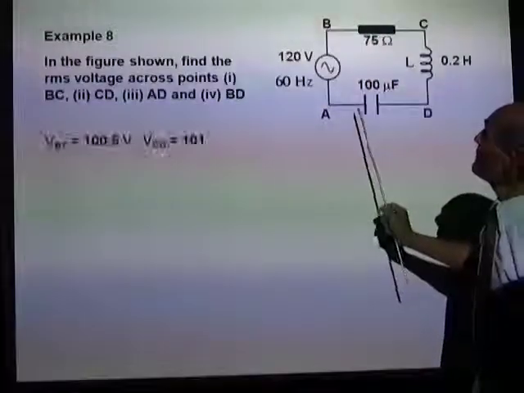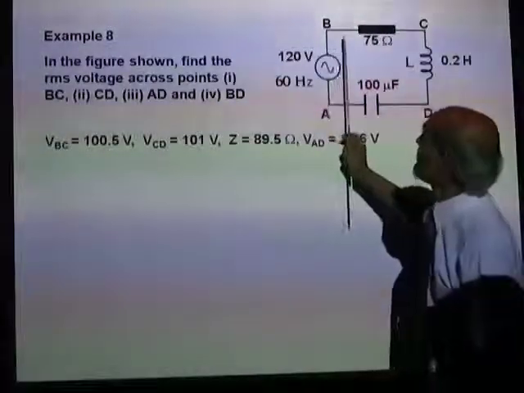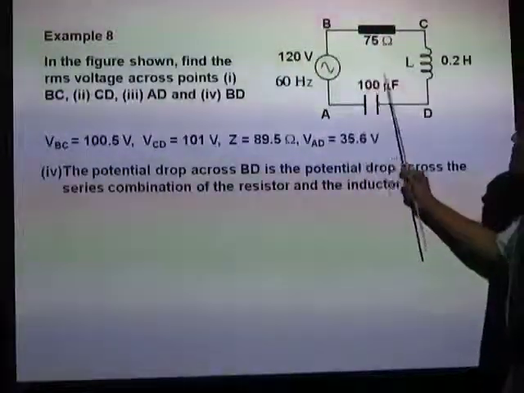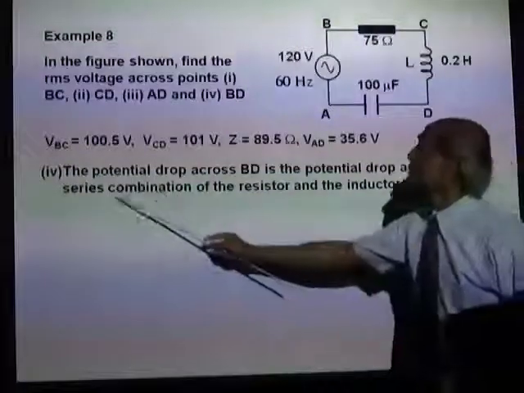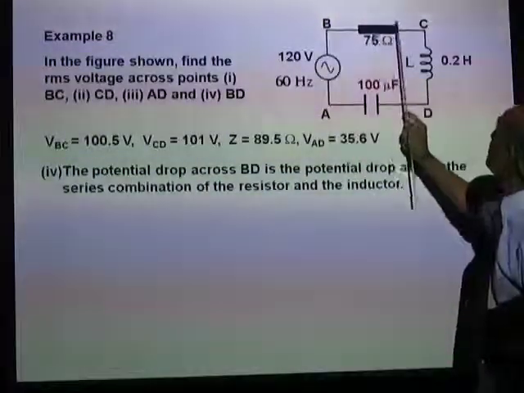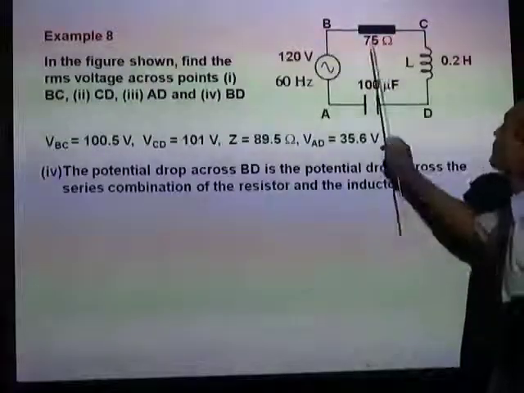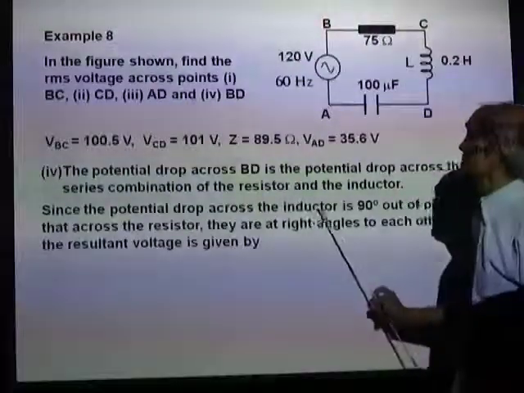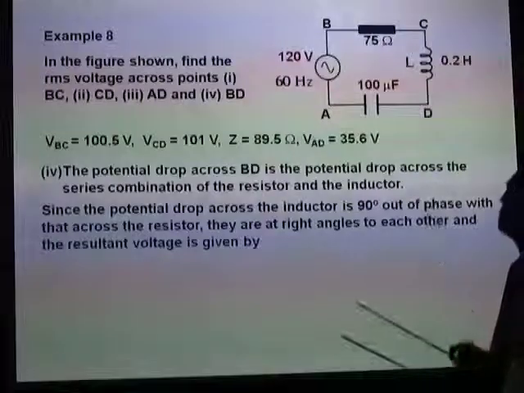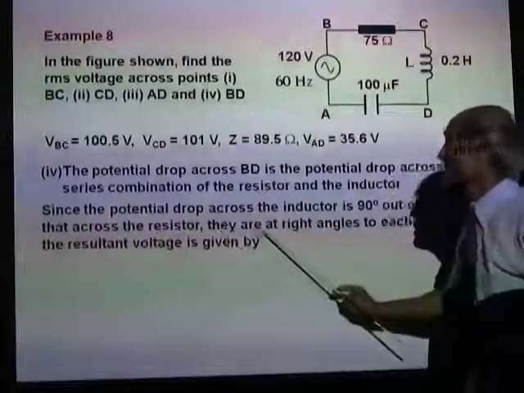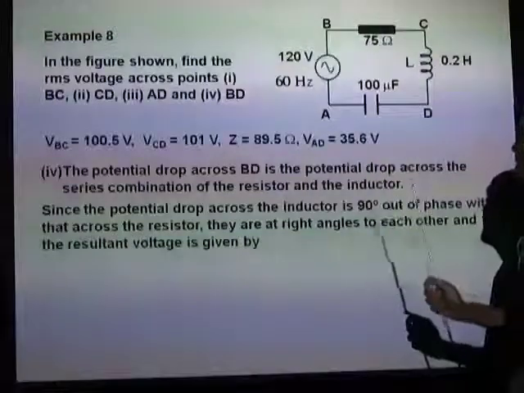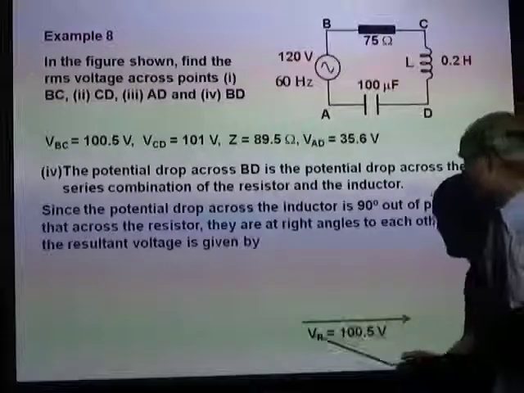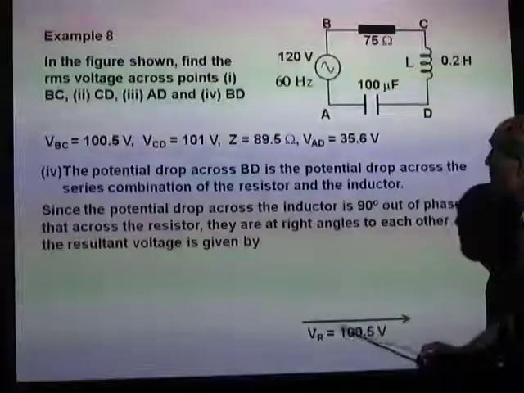And finally, the potential drop across BD. The potential drop across BD is the potential drop across a series combination of the resistor and the inductor. Of course, there you have to calculate the total impedance. Since the potential drop across the inductor is 90 degrees out of phase with that across the resistor, they are at right angles to each other, and the resultant voltage therefore is, well, VR is 100.5 volts.